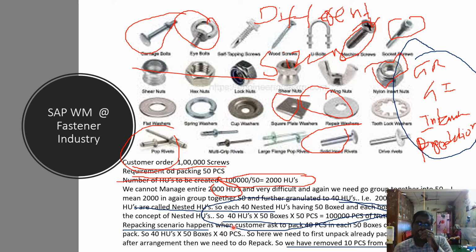For example, a perishable material warehouse is different, a metal industry warehouse is different, consumer goods is different, fast moving consumer goods is different, healthcare is different. So warehouses can differ in size, nature, operation and functionality, depending on the material they are handling and the business they are doing, the manufacturing vendor's location. So based on that the warehouse can be set up.